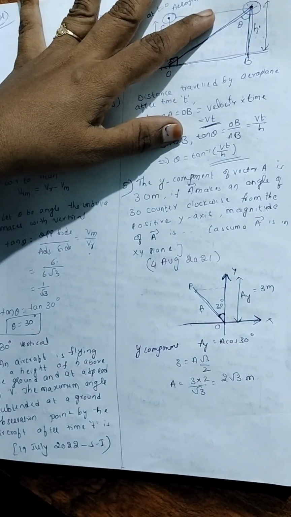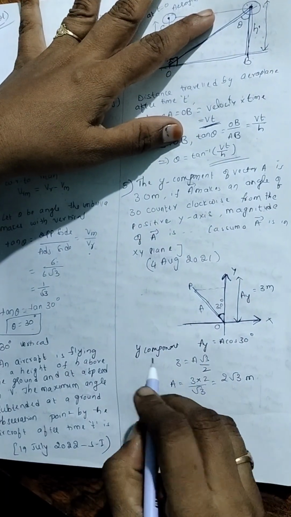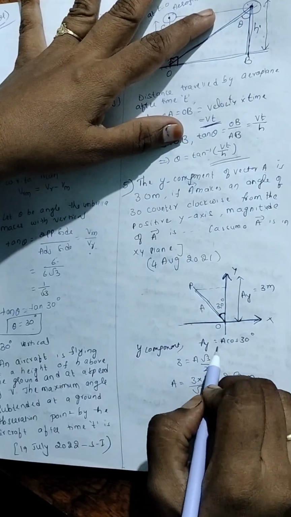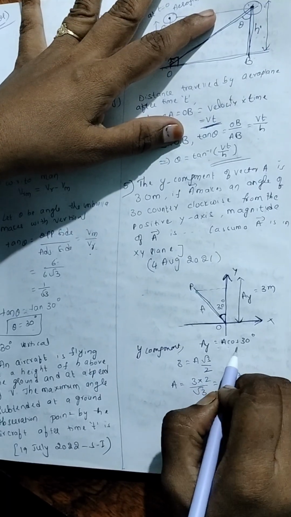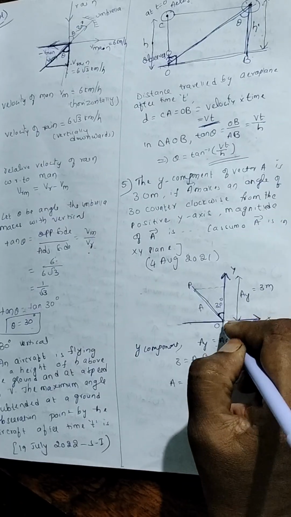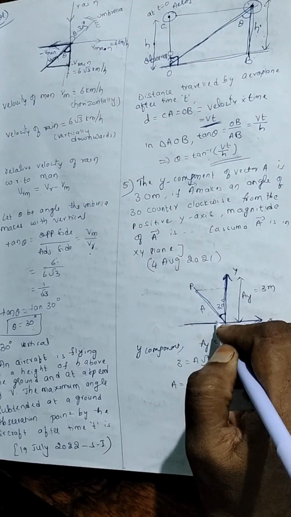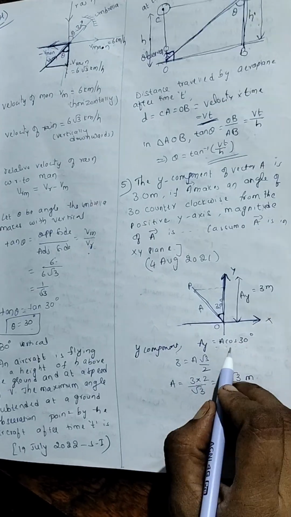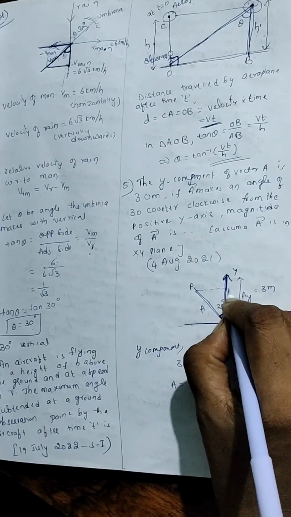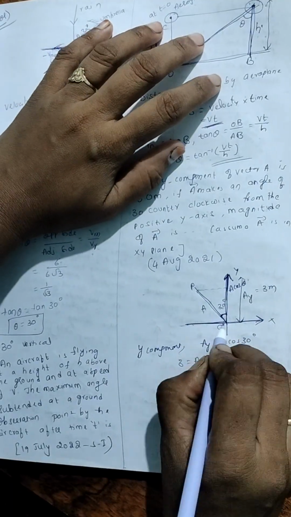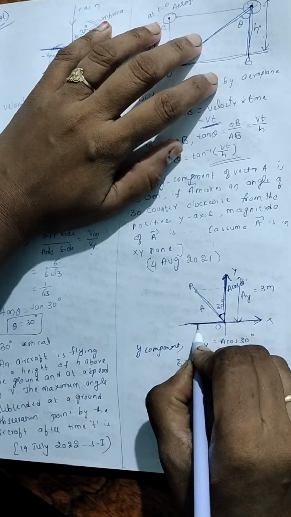Now, the y component of A we write as Ay equals A cos 30 degrees. This is the y component of A, A cos theta, and this becomes A sin theta.